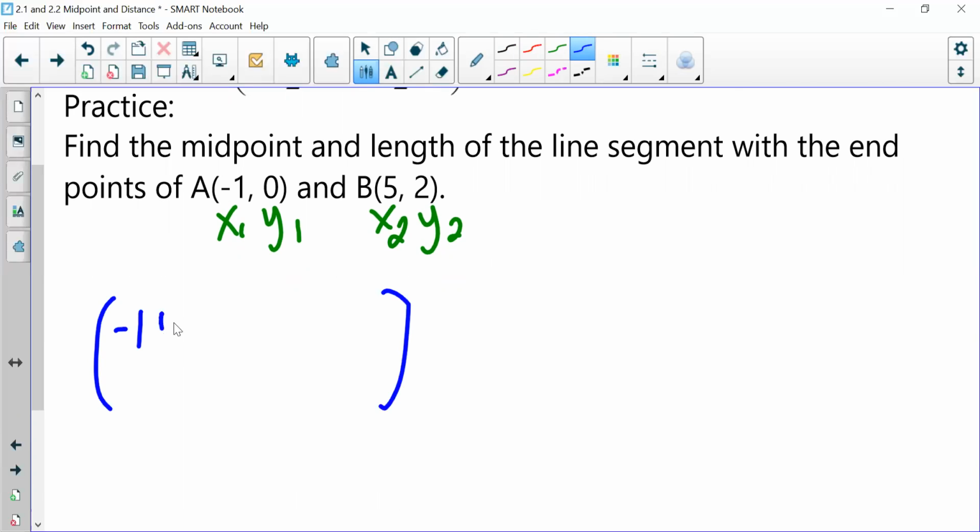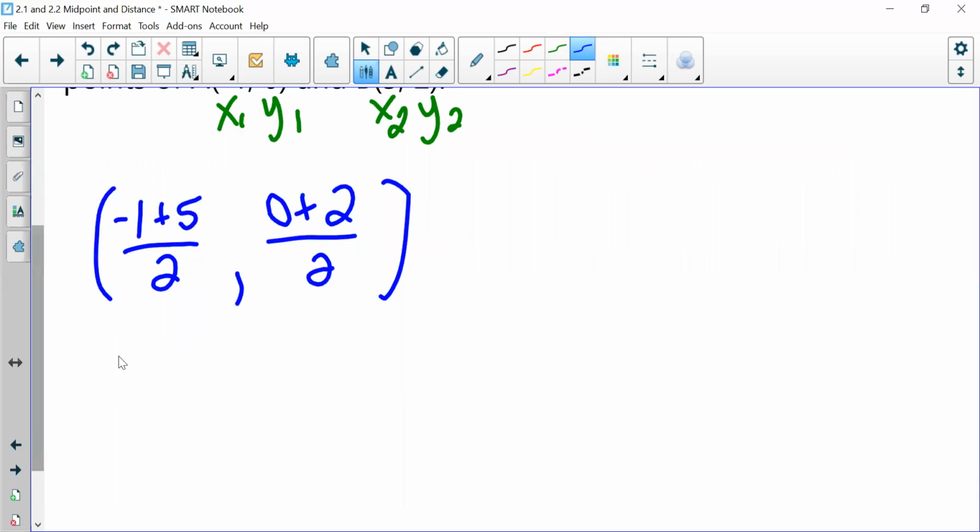Okay, so for midpoint, add the x's, divide by 2. So x1 is here, x2 is here. Add and divide by 2. And then the y values. 0 plus 2 divided by 2 came from here and here. And then it's just a quick calculation. So -1 plus 5, that's 4.